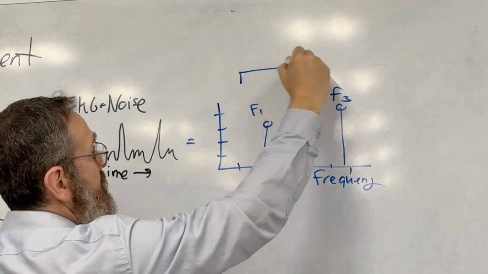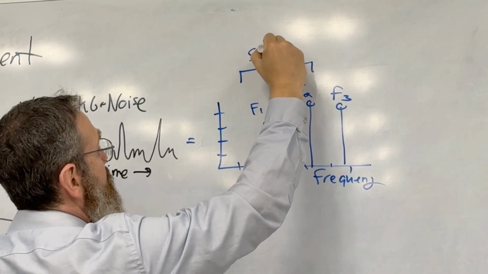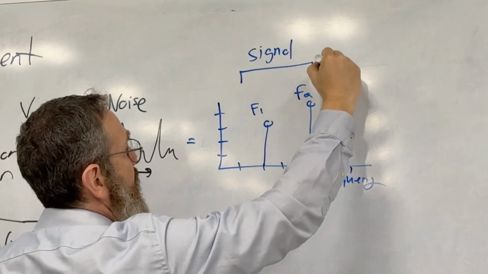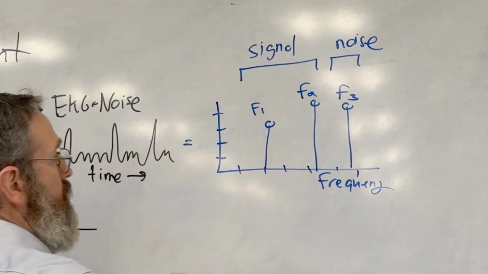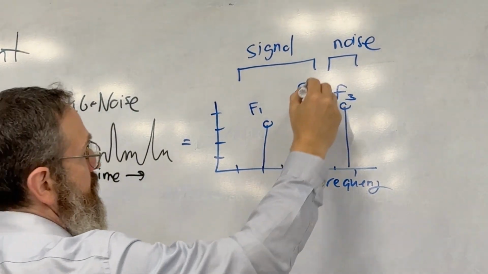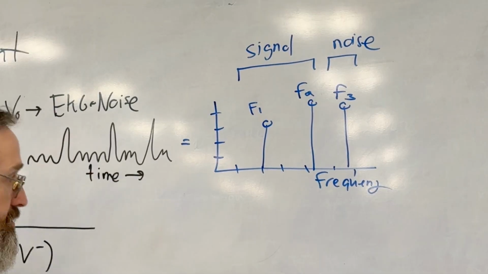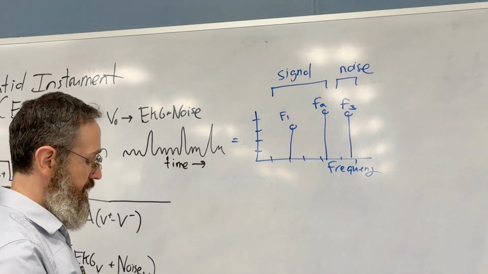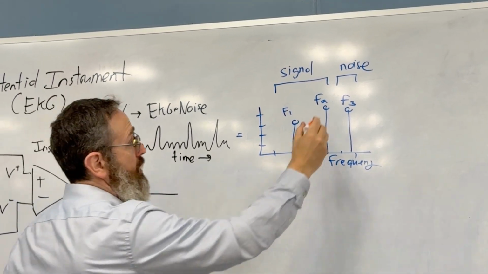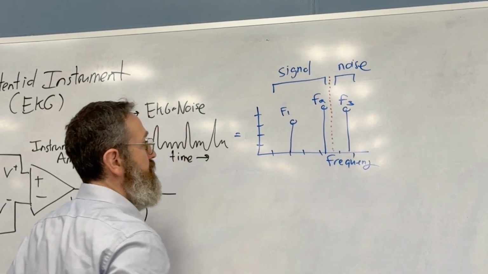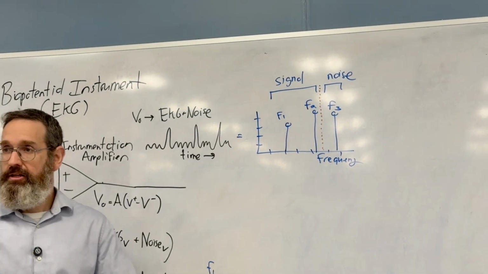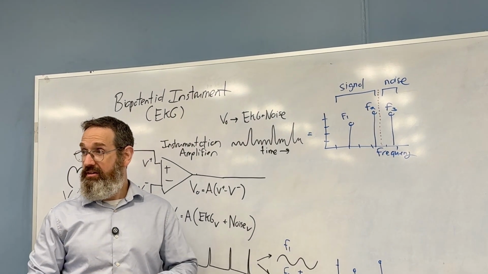This thing here is the signal, and this thing here is the noise. It just turns out that the way I've set up this problem, there's a demarcation between them, and that's what we went through in some detail last time.